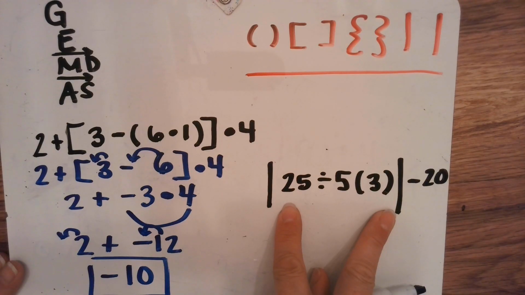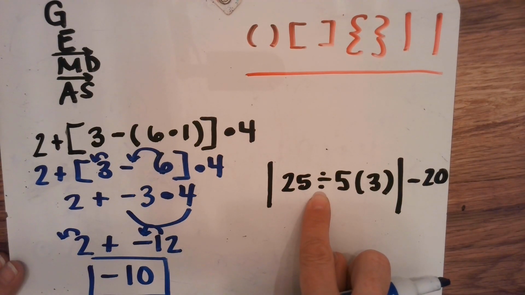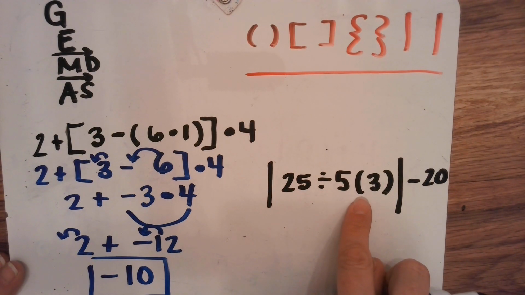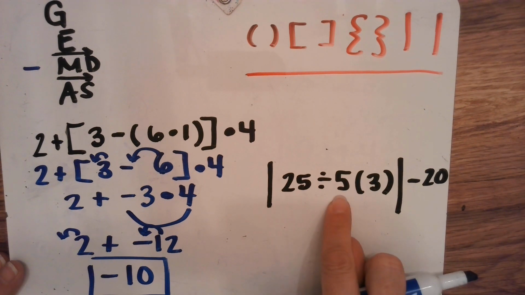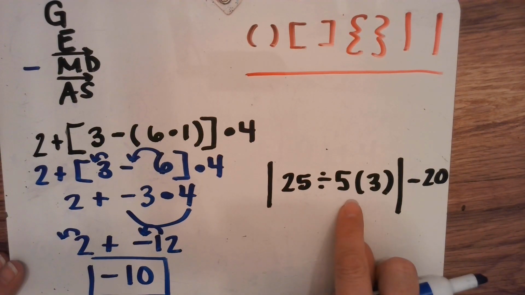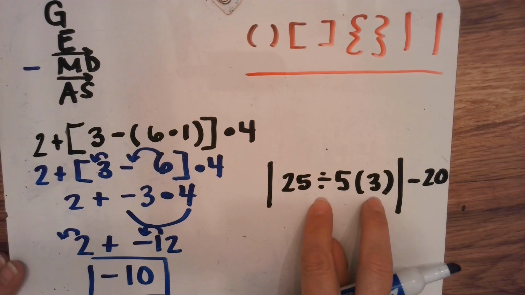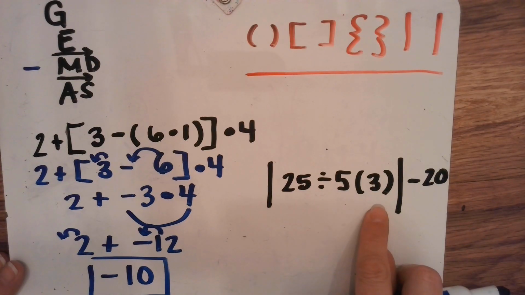All right, now inside of the grouping, we have 2 operations, division, and then we just saw that this is multiplication. Division and multiplication are on the same level. So we're going to need to go from left to right. So as I read this problem, 25 divided by 5 would be our first thing that we do, because we read from left to right, and since they're on the same level of difficulty, we just go from left to right.